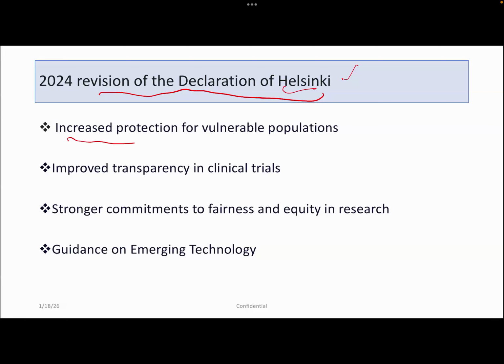The first thing they are talking about in this new revision is increased protection for vulnerable populations. And this vulnerable population differs from reason to reason. Like in India, if you go to rural areas, researchers largely consider women vulnerable.